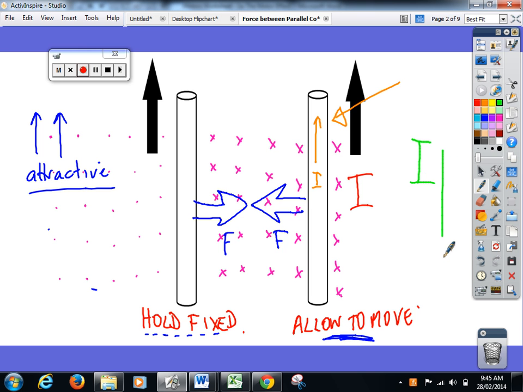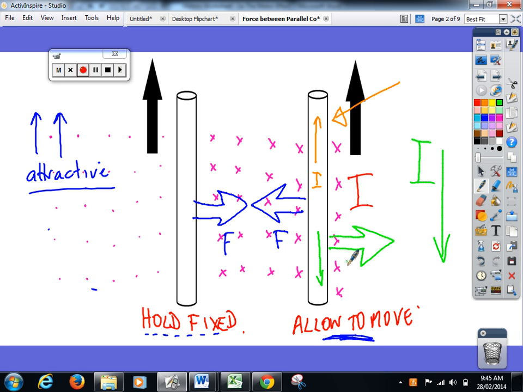Imagine the current now in the second wire, which is allowed to move, goes down, then we would know that the only thing that would change would be the magnetic field from this wire stays exactly the same, but now the current in this one is able to go in the opposite direction. Using our FBI rule, we simply find that the current goes down, so it'll be pushed that way.